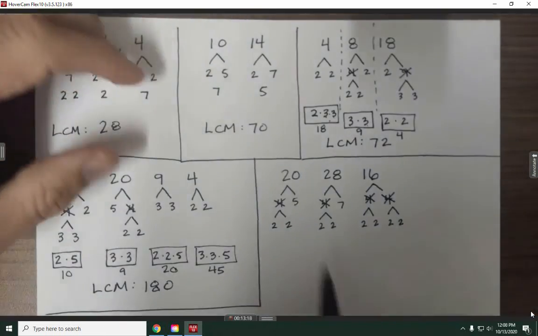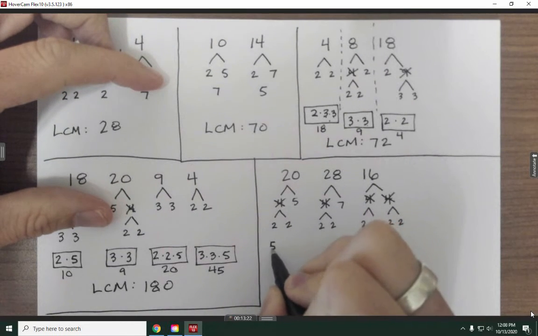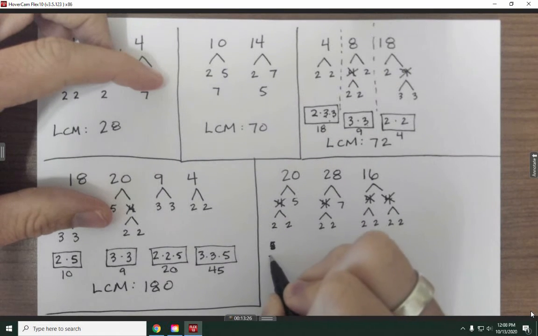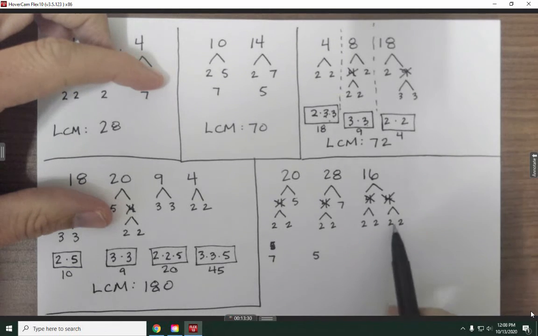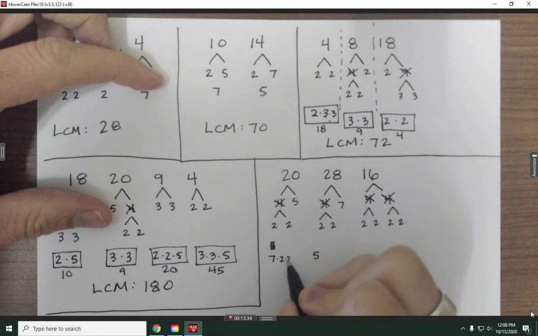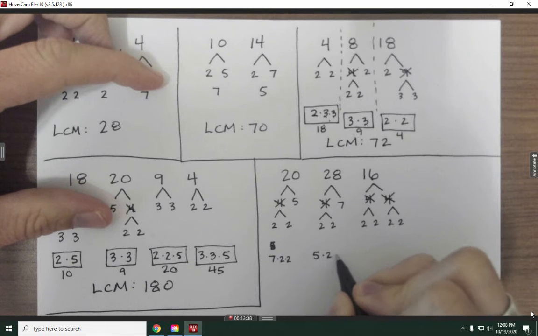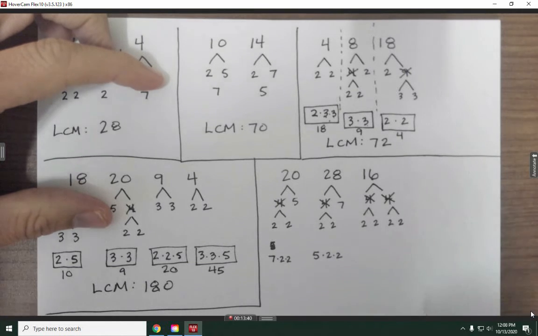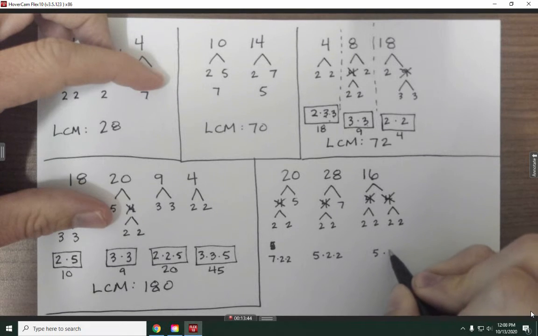Okay. So each one of these needs the 5. Oh, sorry. This needs the 7, and this needs the 5, right? These have an extra set of 2's that they bring in, so these need a pair of 2's. And this needs both the 5 and the 7.